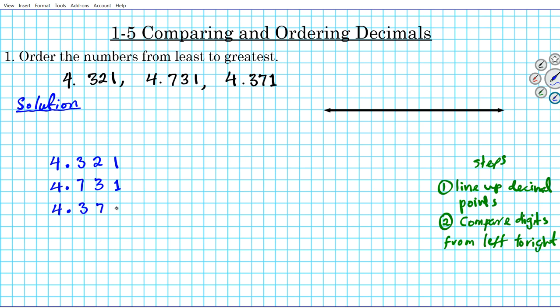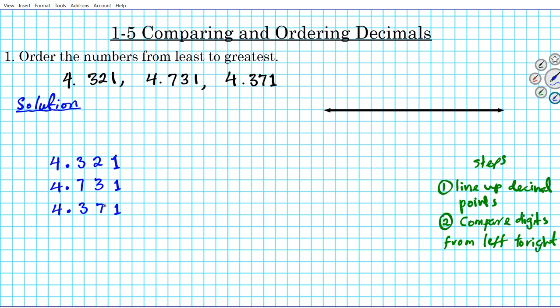Make sure that the digits line up perfectly. You must compare identical place values. You can't compare tenths in one number to hundredths in another number. That's inaccurate. So we've done step 1, which is line up the decimal points, which results in the vertical alignment of the place values.